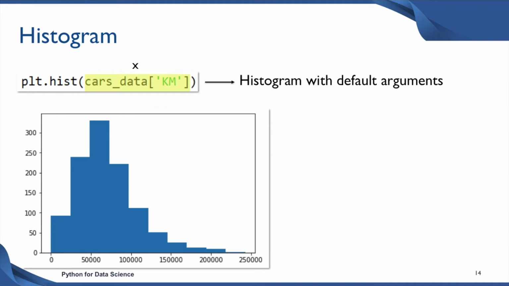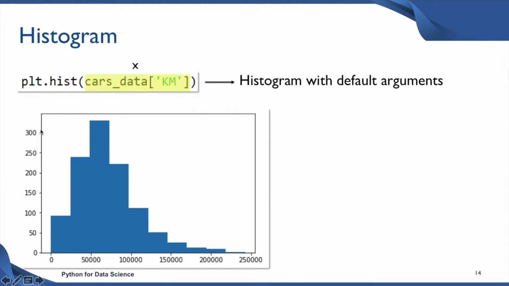So with the histogram, we wanted to plot the data of the cars in terms of their kilometers, right? We wanted to know how many cars there are which have traveled the highest kilometers, or between some range.